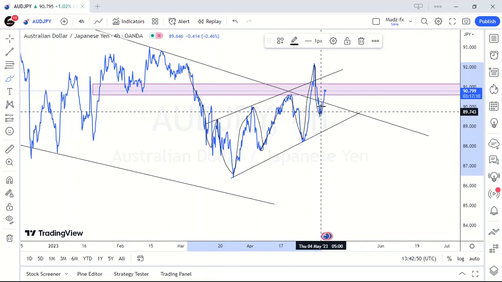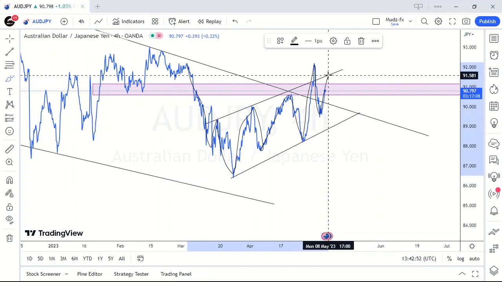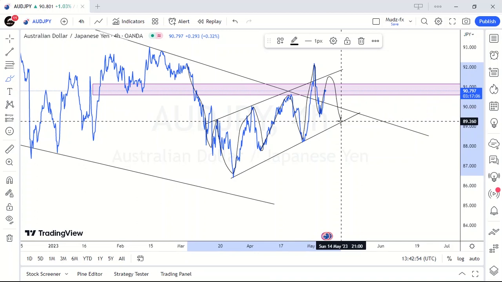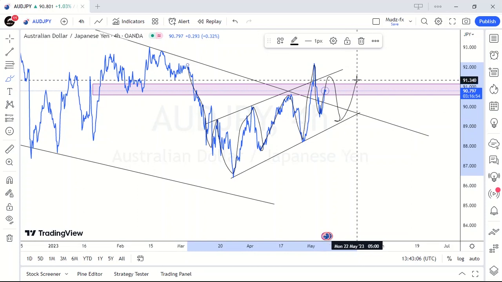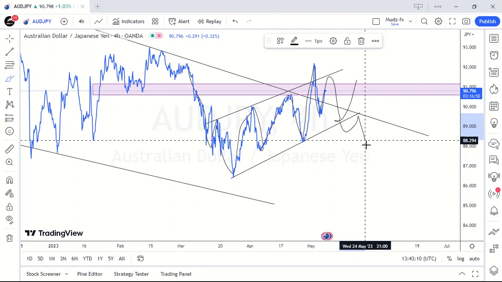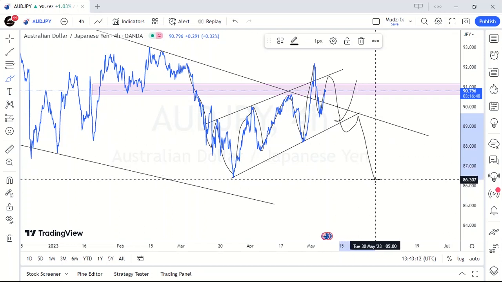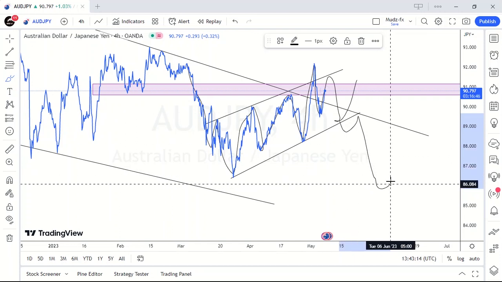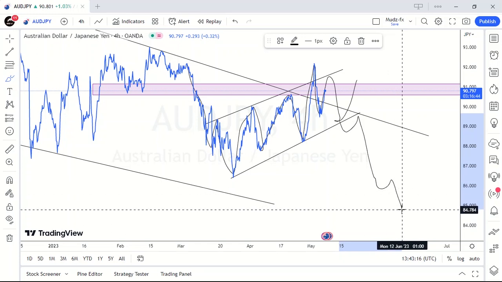But when it broke out, it came back and broke in again, attempted to go up. So we might see a double top. When we see a double top, we know that at least our bearish pattern is making progress. But we can't predict everything. We might see it going up again, or going down, breaking below that trend line, and then coming back to test it as a resistance key level and going down.